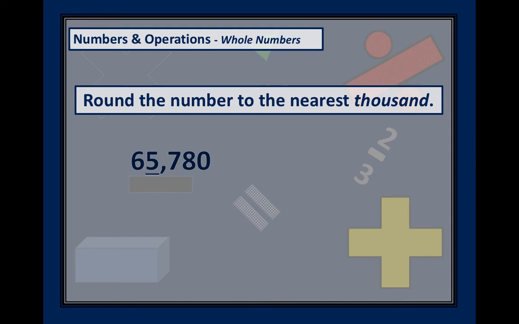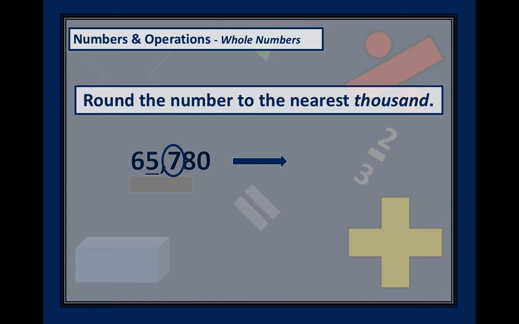Again, in this example, we're being asked to round the number to the nearest thousand. You'll notice that I underlined the 5 because it's in the thousands place. I find that it's always very helpful to do that. Now, I circle, and I ask my students to circle the place to the right to really help you focus on that. We can see that that digit is 5 or higher.